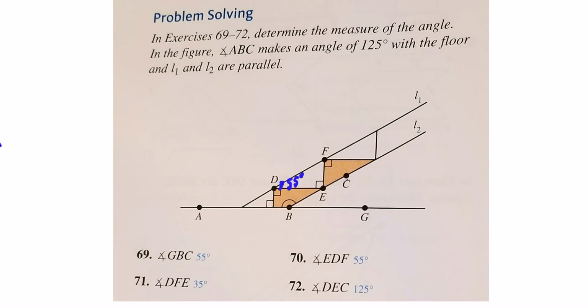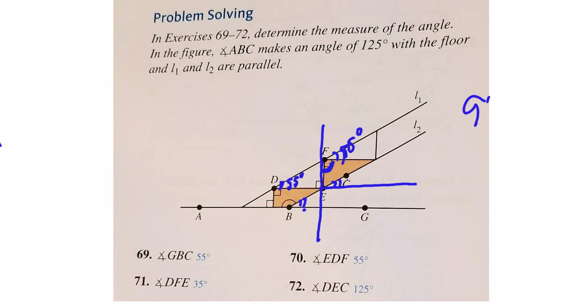Again, we could probably use transversals, so we could say that there's our transversal there. We know this is 90 degrees, and of course we could use corresponding angles, right? Because we said these are all going to be the same, which is 55 degrees.